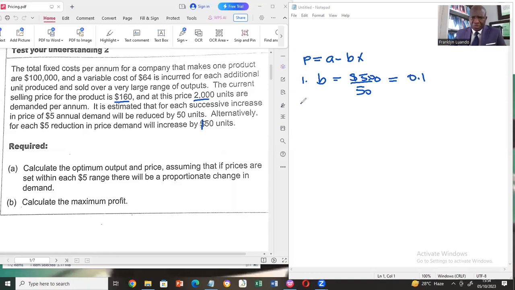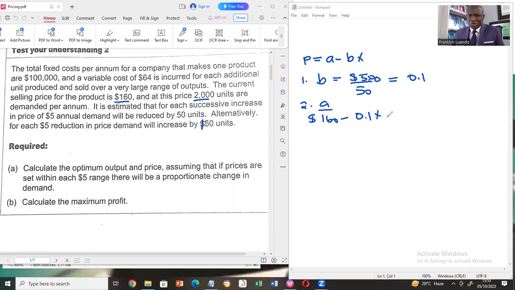Number 2 is to calculate A, where the demand at that price will be nil. P, we already have the price, which is 160, minus B, we already have B, 0.1. When the price is $160, the demand will be 2,000.